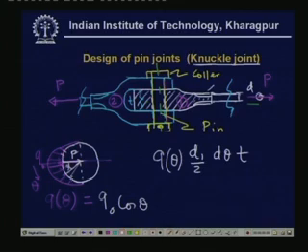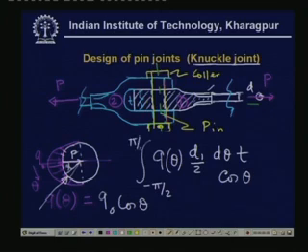This is the force developed on this surface, and it acts at an angle theta. Therefore the horizontal component will be this times cosine theta, and we have to integrate from minus pi by 2 to pi by 2, and that must be equal to your given pressure P.